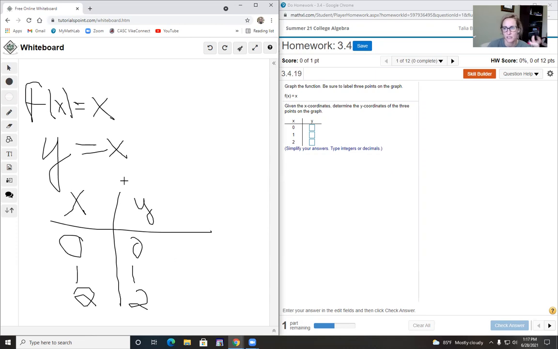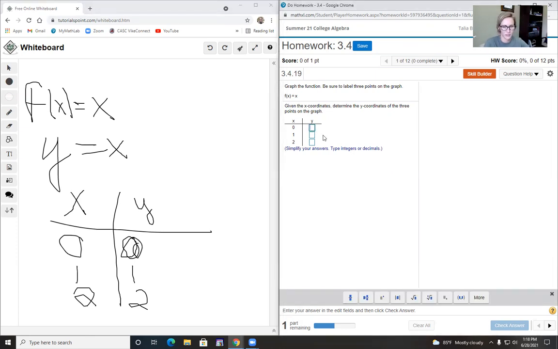So this graph is our linear function, and it's one to one. So whatever we have for x, it's the same for y. So when x is 0, y is 0. When x is 1, y equals 1. When x is 2, that means y equals 2.